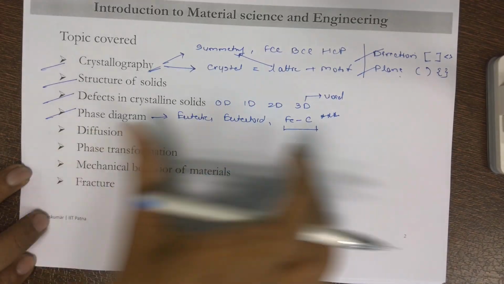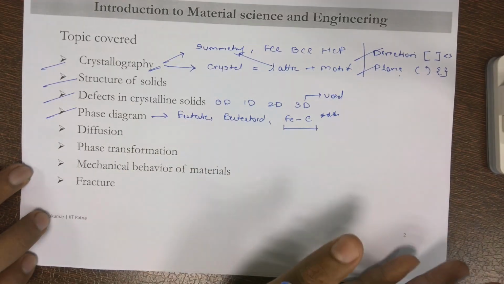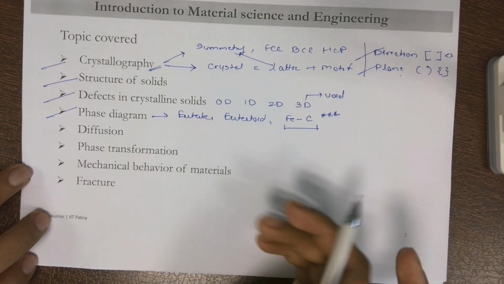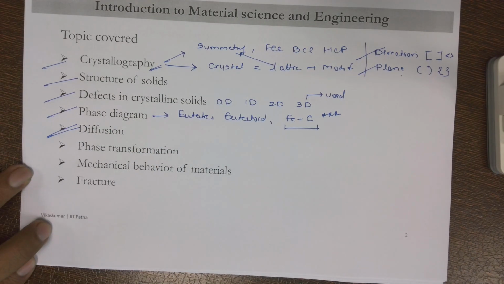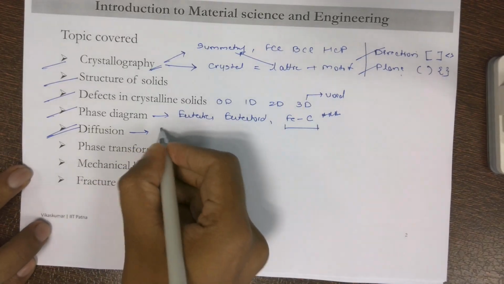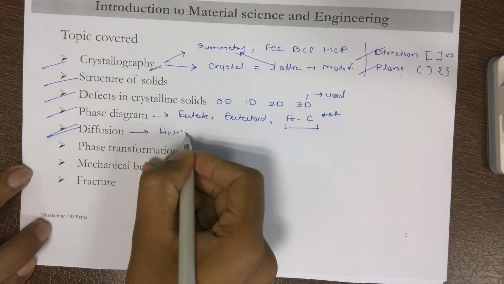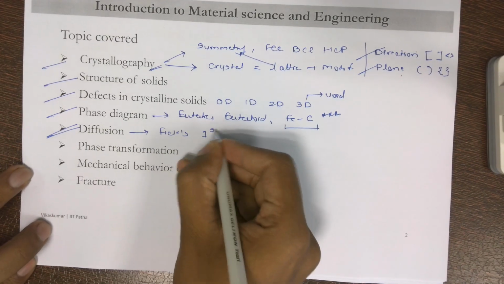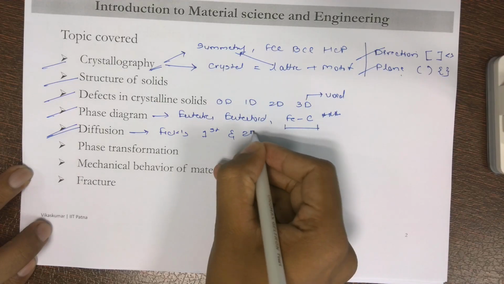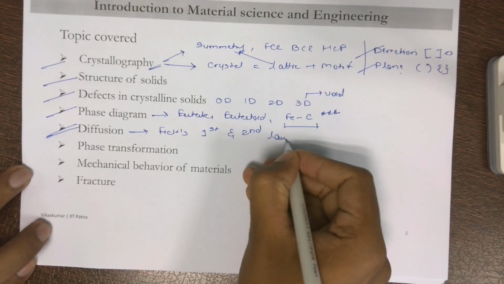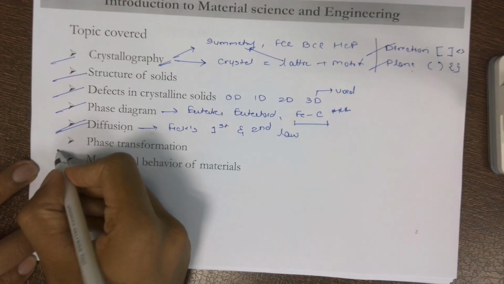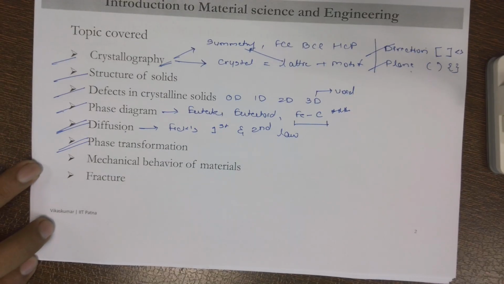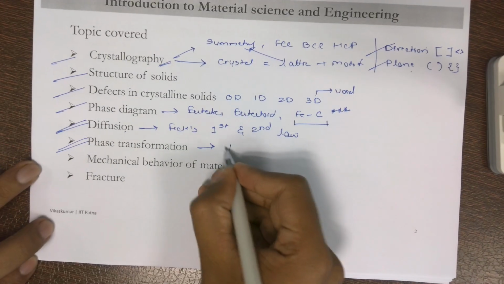Now for any phase diagram, we saw that diffusion should happen, and only then will the phase transformation take place, and for that we discussed diffusion. There we discussed Fick's first law and Fick's second law. Due to this diffusion, the phase transformation will happen, and we saw the TTT diagram.